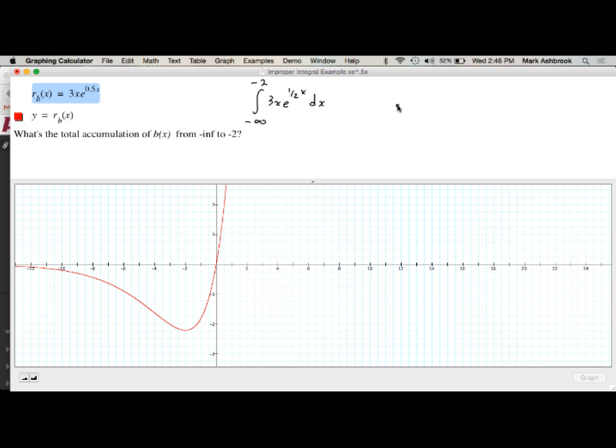And we're asking about the accumulation at this rate. It's kind of backwards though. It's like starting at negative infinity up to negative 2. So we're talking about the accumulation due to, so if I just graph, say, x less than negative 2.